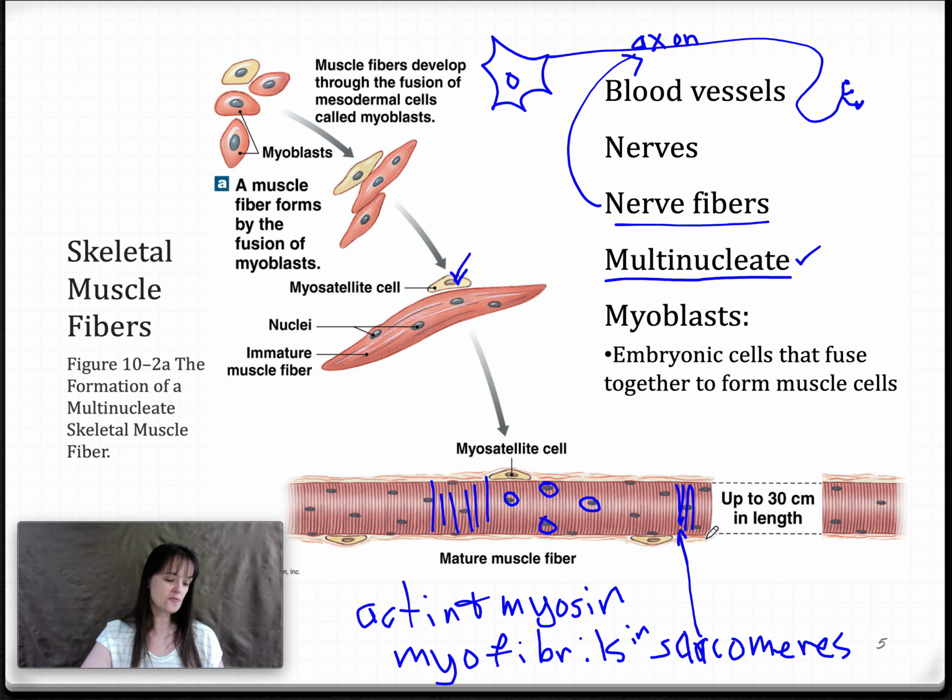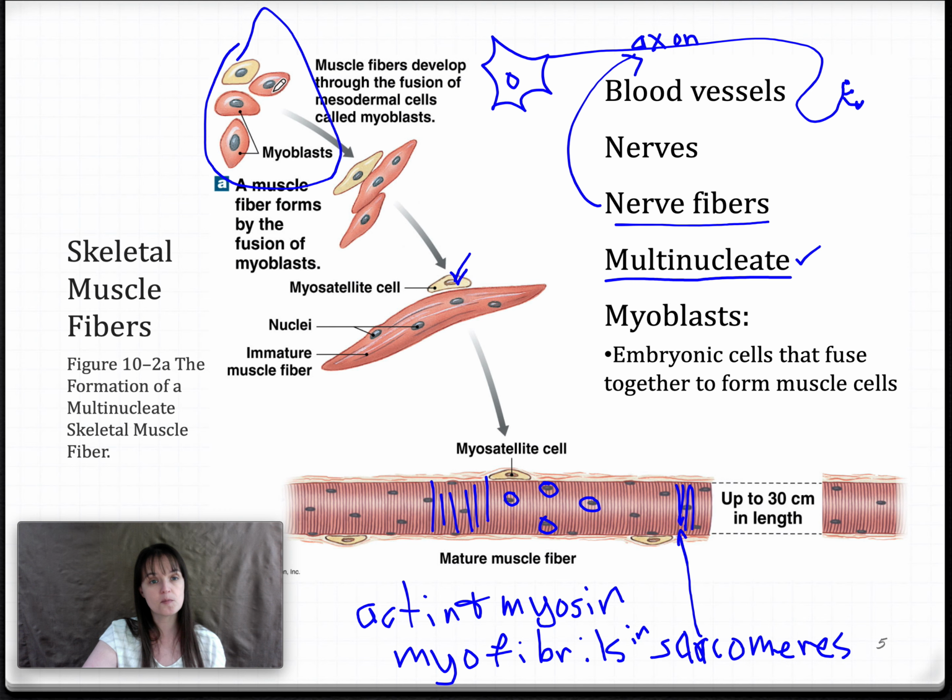Explain why skeletal muscle fibers are multinucleate. I think I already did that. Nuclei have genes. Genes code for enzymes and structural proteins. More genes equals faster protein synthesis. And myoblasts were embryonic muscle cells that fuse together to make the muscle cells.